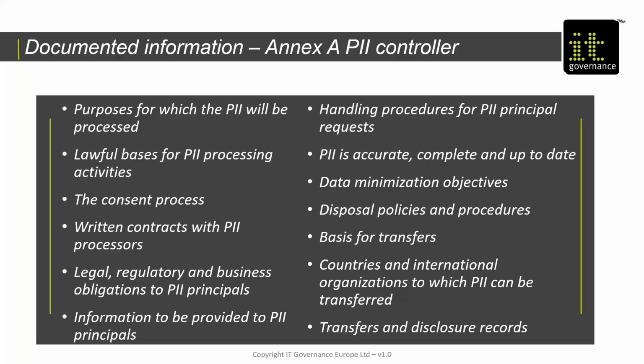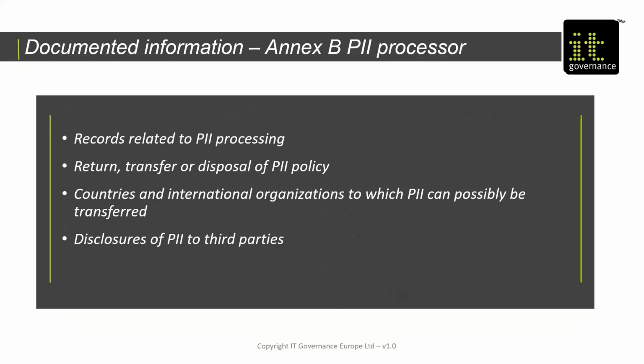A further example, Annex A 7.3.9 states that the organisation shall define and document policies and procedures for handling and responding to legitimate requests from PI principals. And another one, Annex A 7.5.2, requires a PI controller to specify and document the countries and international organisations to which PI can possibly be transferred.